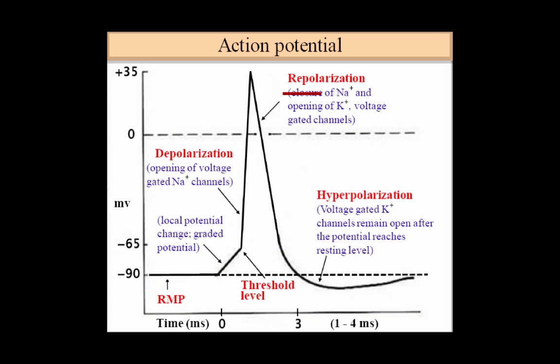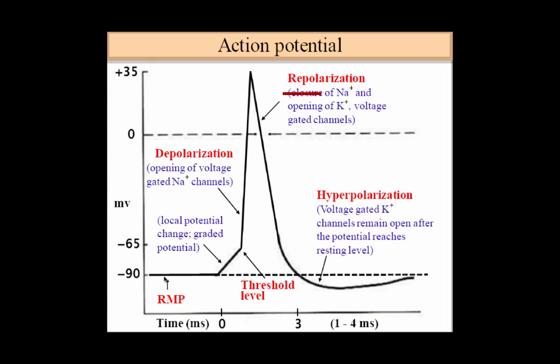Let's discuss more in detail the shape and the events that give rise to the action potential. You can see here, as denoted as the RMP, which stands for resting membrane potential, neurons are highly negative at rest, and most sit around negative 90, negative 70, if you will.